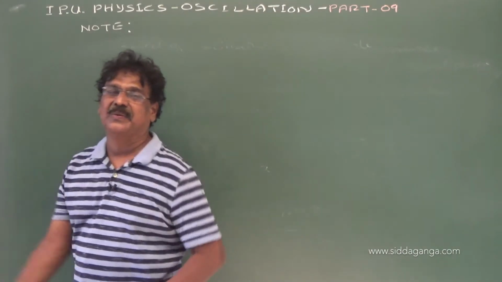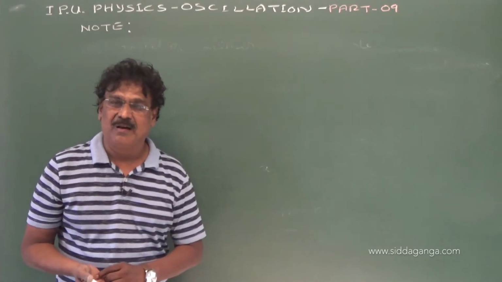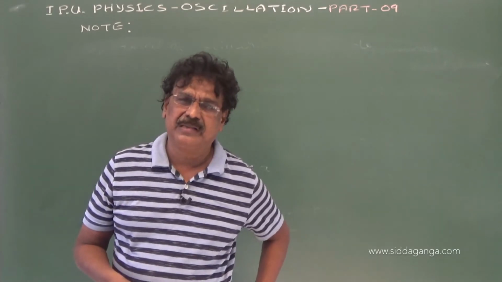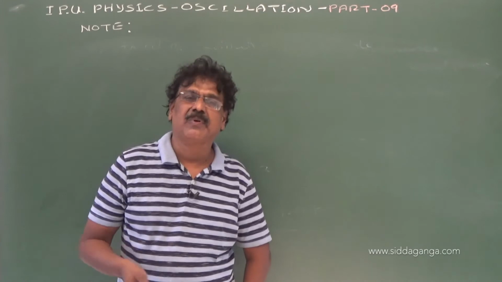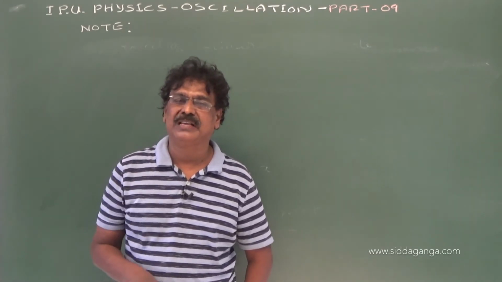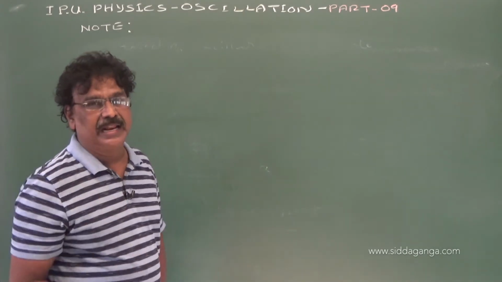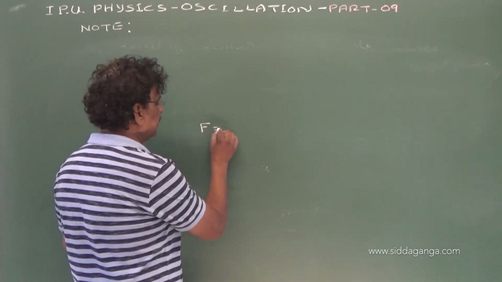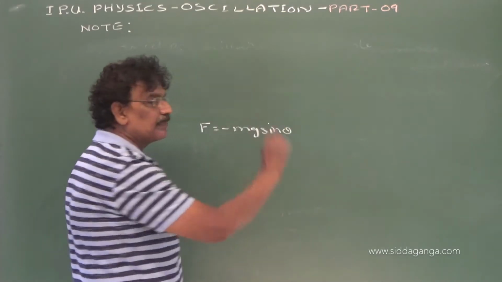Now the question is, why does the simple pendulum not oscillate under that condition? Because we know that for any particle executing simple harmonic motion or oscillation, a restoring force is needed. Remember, in the derivation of the simple pendulum, the restoring force is equal to minus mg sin theta.